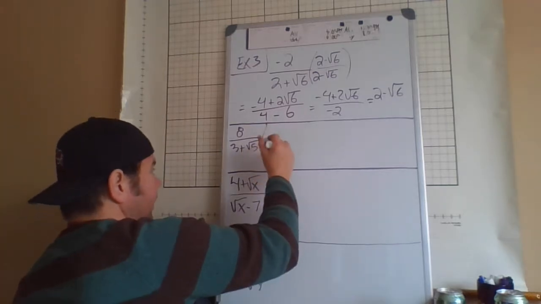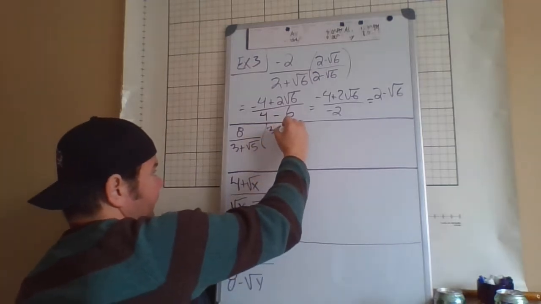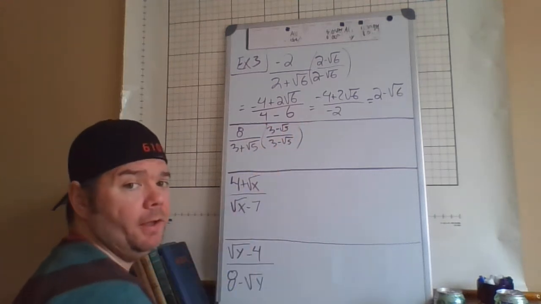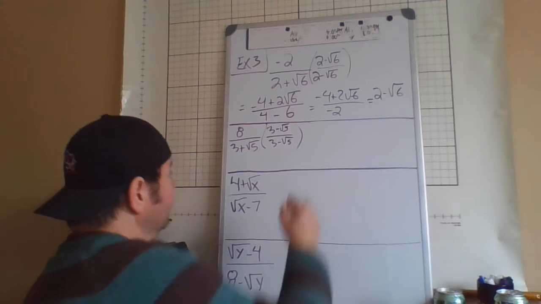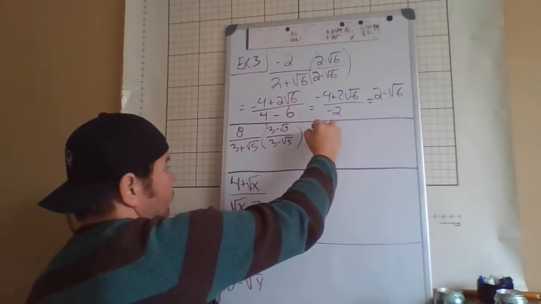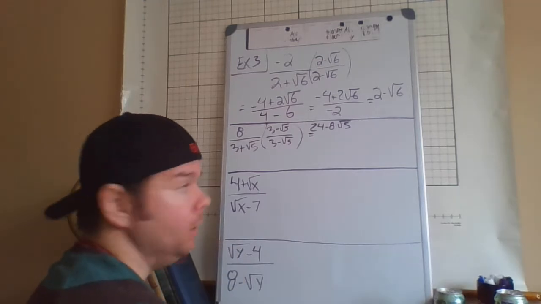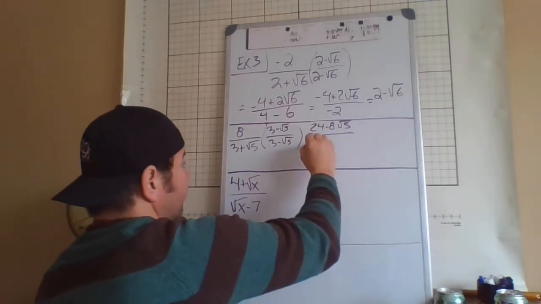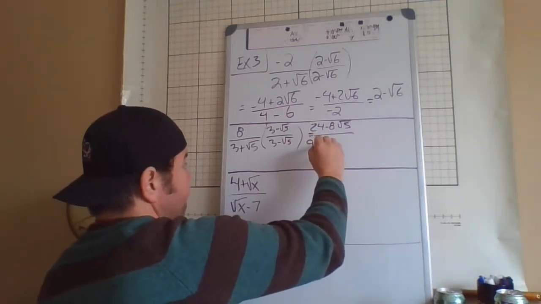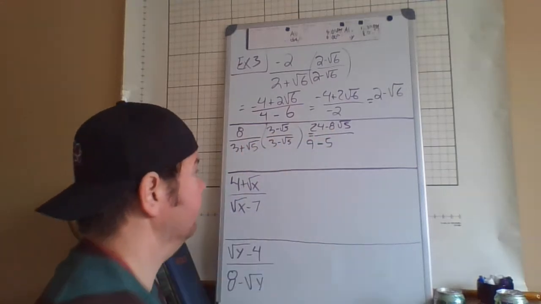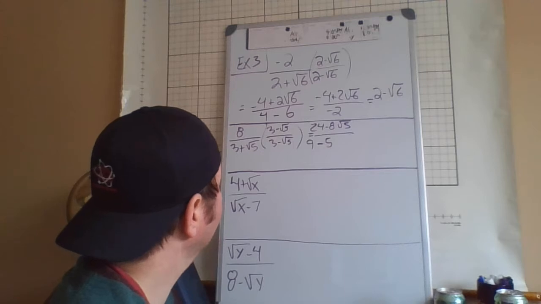I'm going to multiply by the conjugate, which is 3 minus the square root of 5. That gives me up top 24 minus 8 times the square root of 5, over 3 squared, which is 9, minus the square root of 5 squared, which is 5.